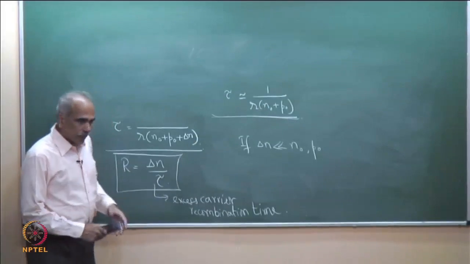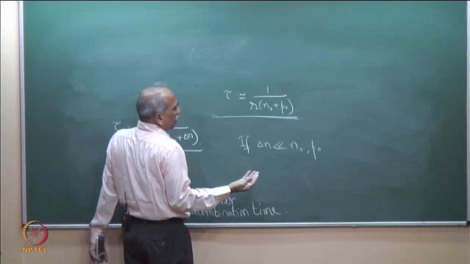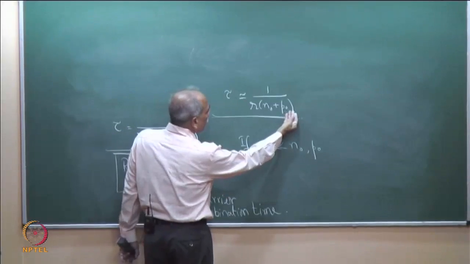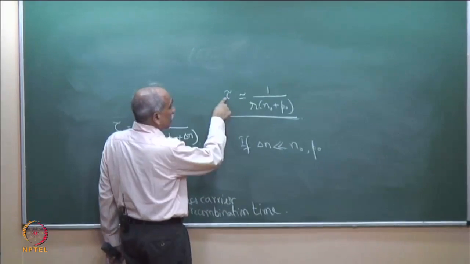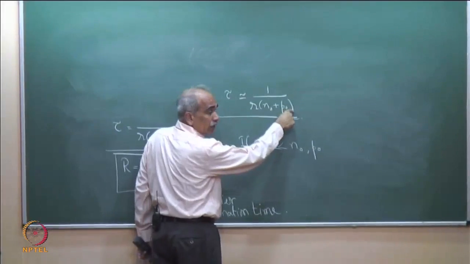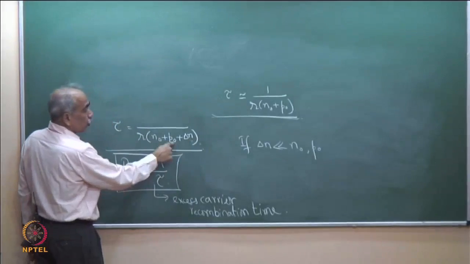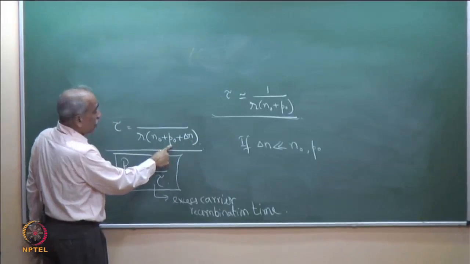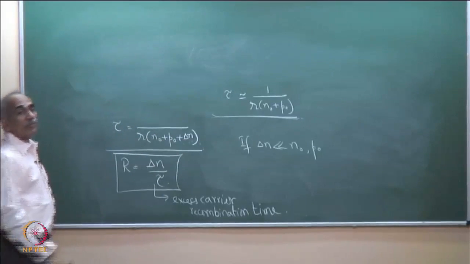Before I proceed further, this is approximately equal to, but as you will appreciate, if delta n is very large, then the lifetime here, excess carrier recombination time tau, will depend on delta n. When delta n becomes large in the denominator here, then it can no more be neglected with respect to these, and then you will indeed see that tau is also a function of delta n.